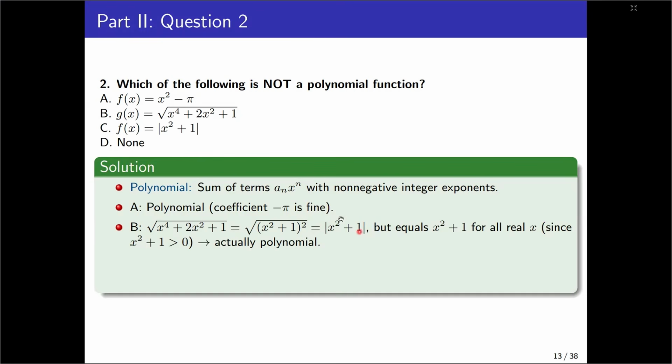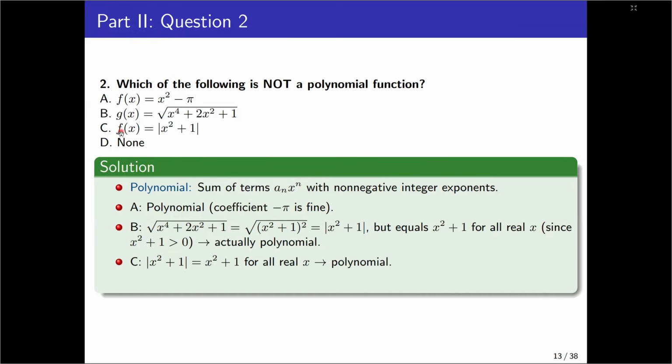But the term within this absolute value, x squared plus 1, is a positive real number for every real number x. So the simplified form is x squared plus 1, which is already positive, and this is also a polynomial function.